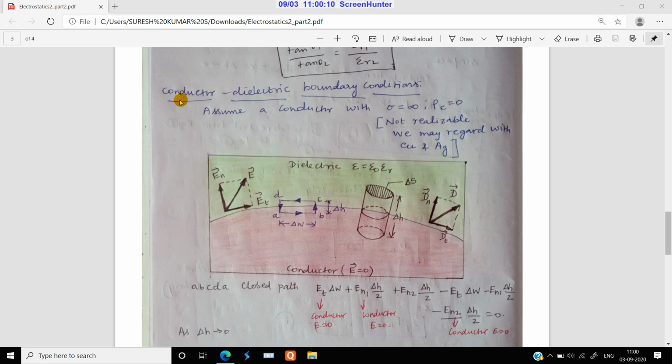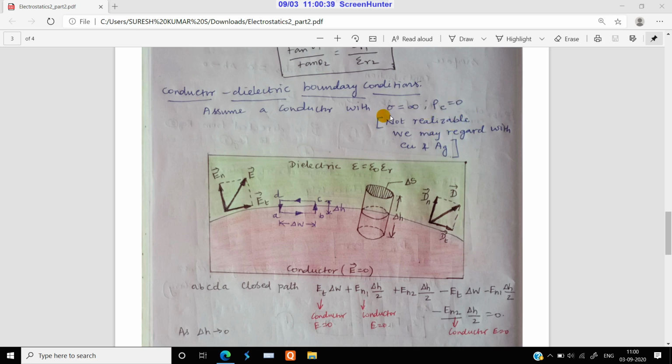Next we are going to see the conductor dielectric boundary conditions. If you are assuming a conductor, which we are drawing here as the red mark, that conductor has sigma, the conductivity, equal to infinity, and also the charge along that conductor is equal to 0.